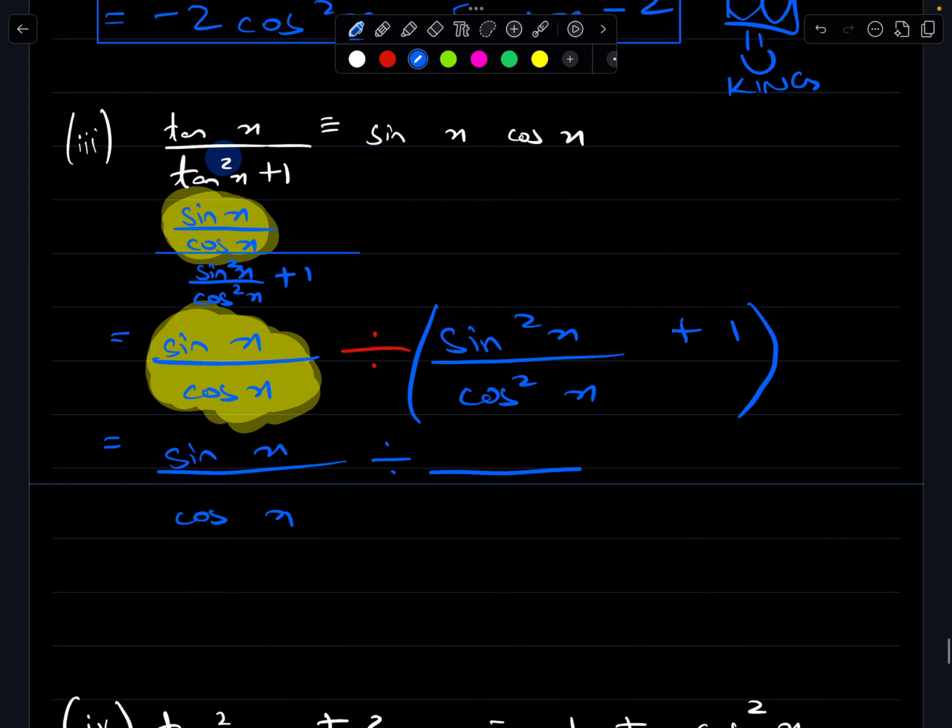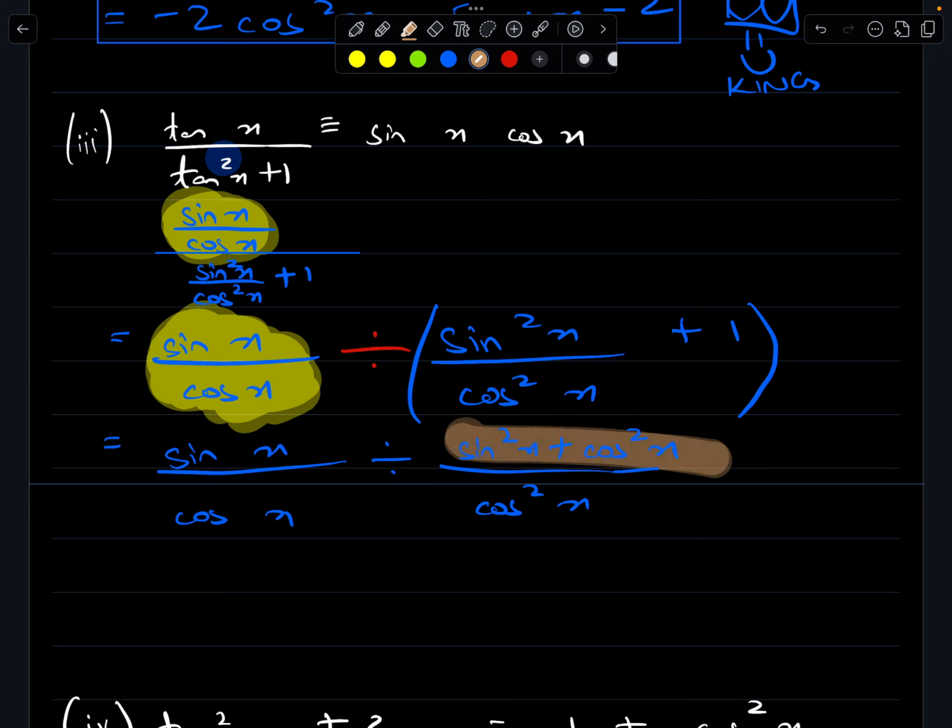This will turn out to be a single fraction. Cos square x over sine square x plus cos square x. Hmm. So we do know that we have an identity for this.